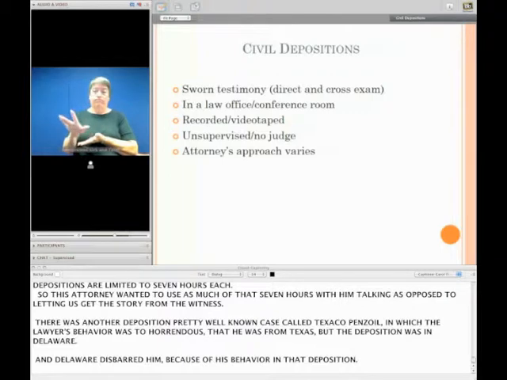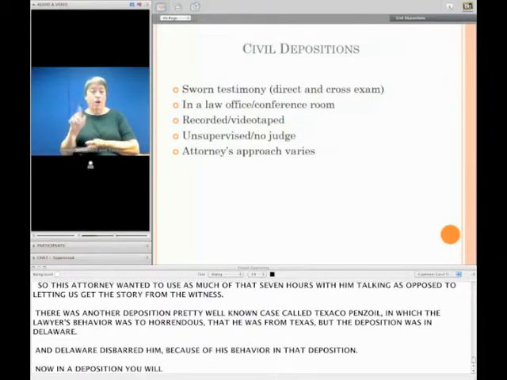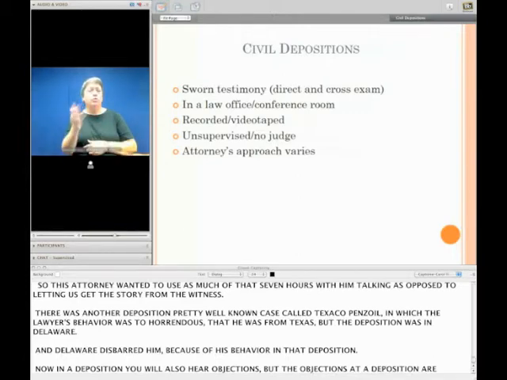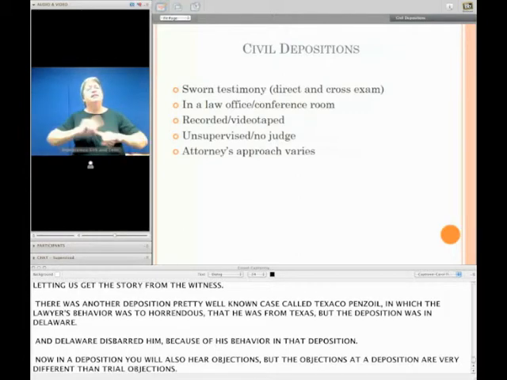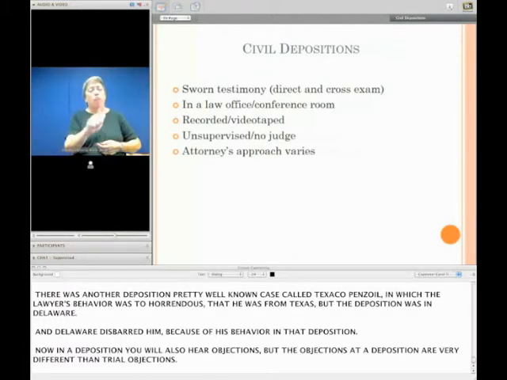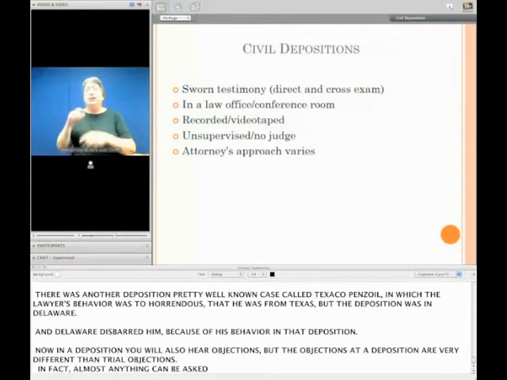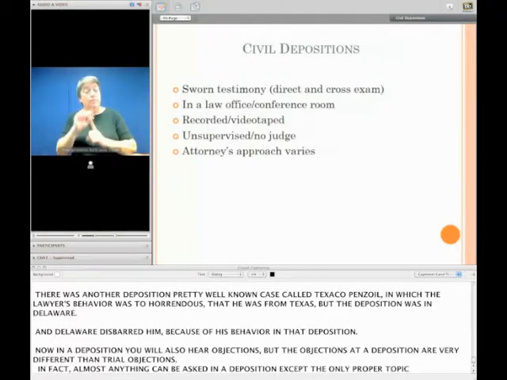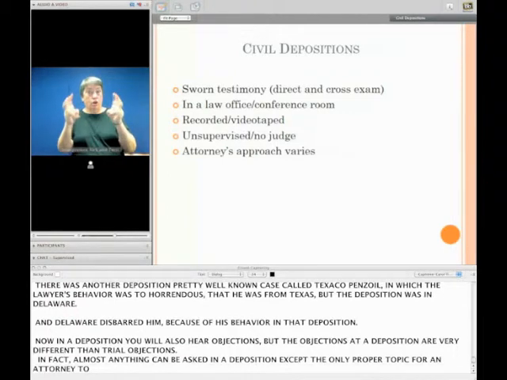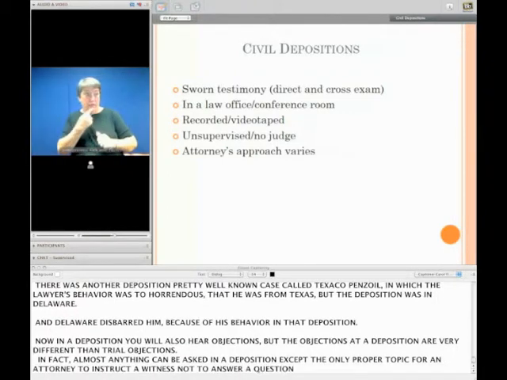Now, in a deposition, you'll also hear objections, but the objections at a deposition are very different than trial objections. In fact, almost anything can be asked in a deposition. The only proper topic for an attorney to instruct a witness not to answer a question is if it relates to privilege.